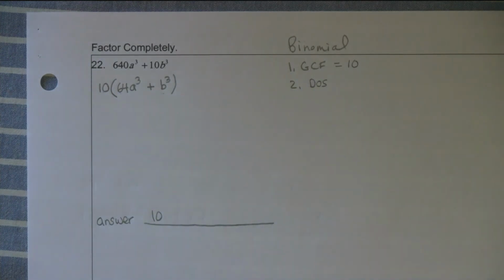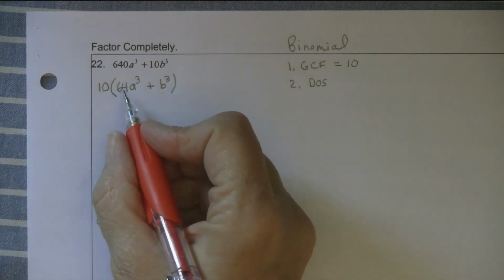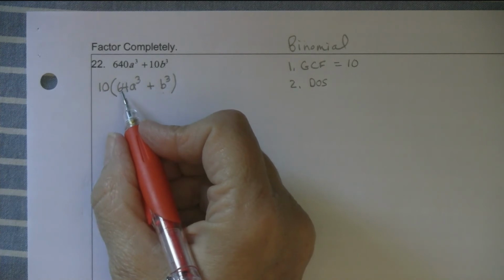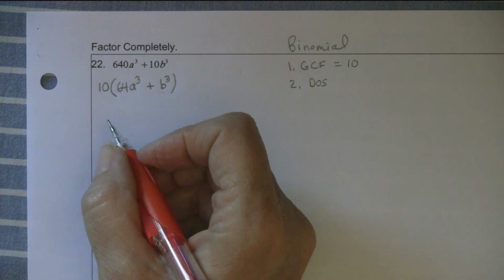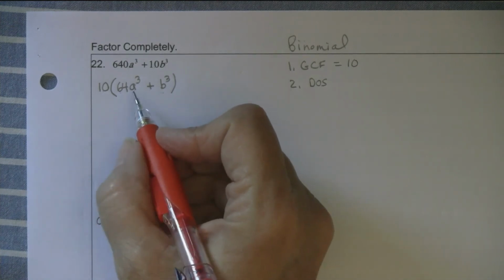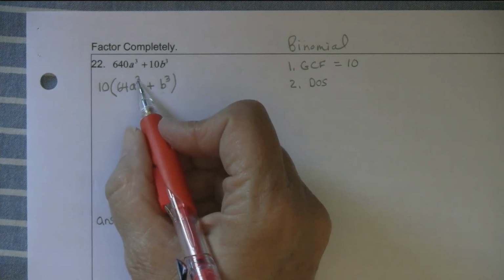And this one, they're trying to trick you, right? And the reason they're trying to trick you is because 64 is a perfect square. So you might be seeing the 64 and saying, yeah, it's a difference of squares, right? But wait a minute, it has to be a perfect square. So that would have to be a to the second, or a to the fourth, or a to the sixth.